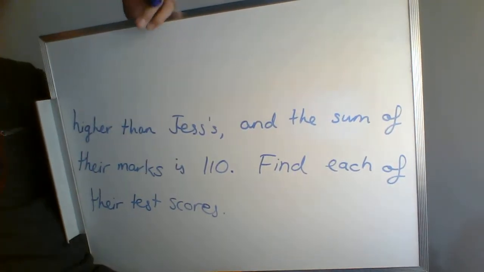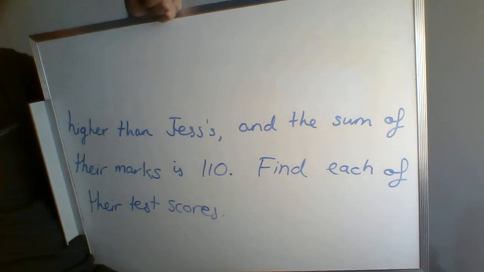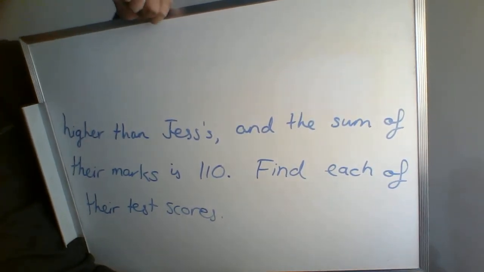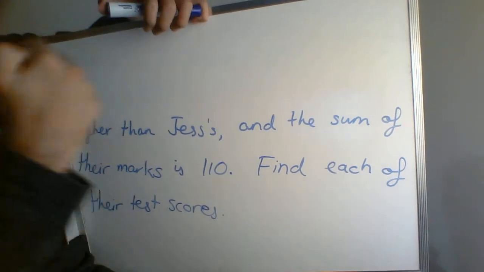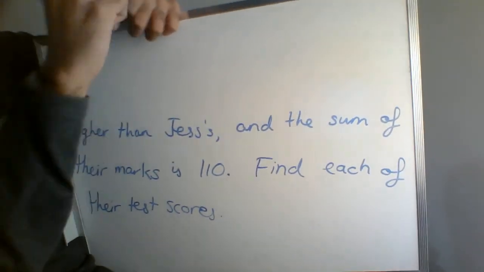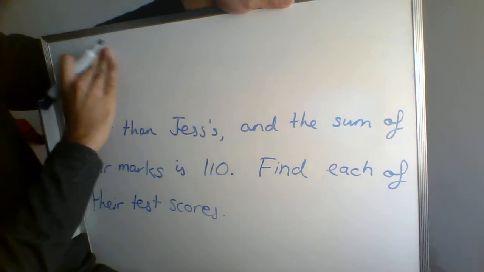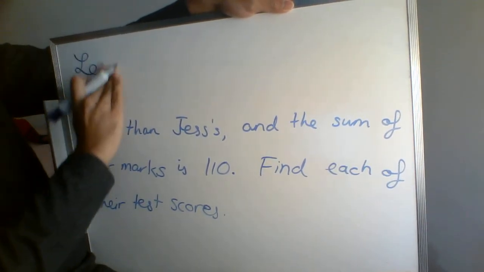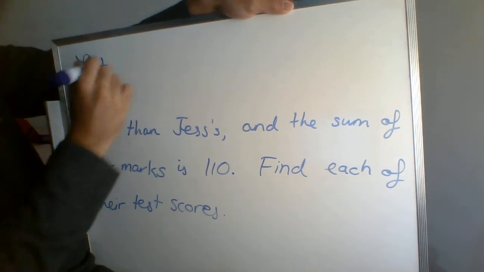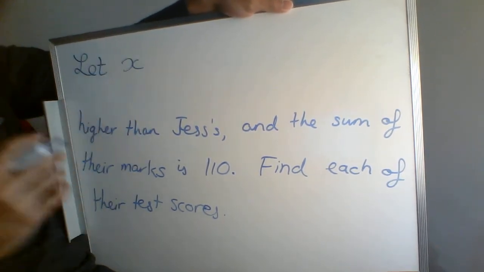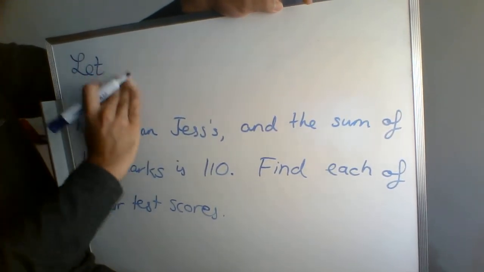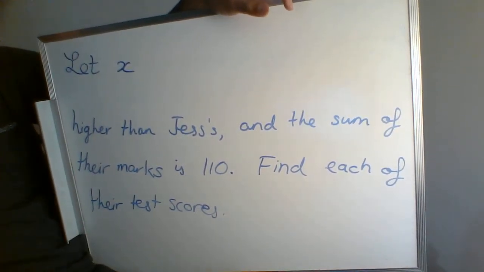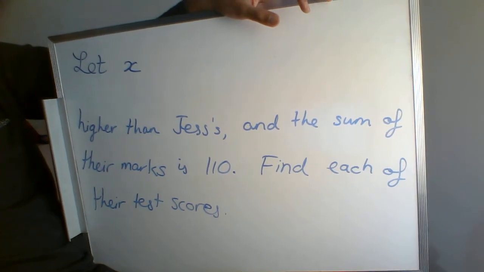Because we talked about John's score in relation to Jessica's, we said John's score was this many marks better than Jessica's, I'm going to make my let statement based on Jessica's test, and then we can find John's test score based on that. So you could do it the other way. That would be just fine, to make your variable something about John's test and then find Jessica's from that. But I'm going to do it this way.